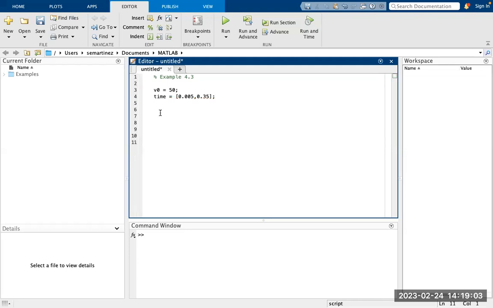Remember that at some point here, we're going to use the function that we wrote: t comma x equals the solver, which is we're going to use ode45. We're going to call the function, or no, we can use a function handle, differential equations. We have to use a tspan, what we called time, and we have to give it the initial condition, x0. That's what we need.